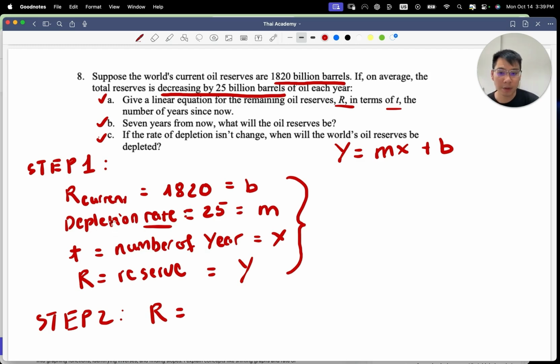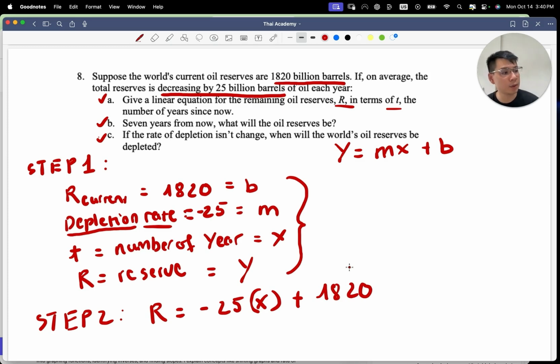And remember, our reserve is depleting, so it's not increasing. So this is negative 25, okay? So we're going to have negative 25 times x, and then we add the current reserve of 1820. Okay, so that's step number 2.